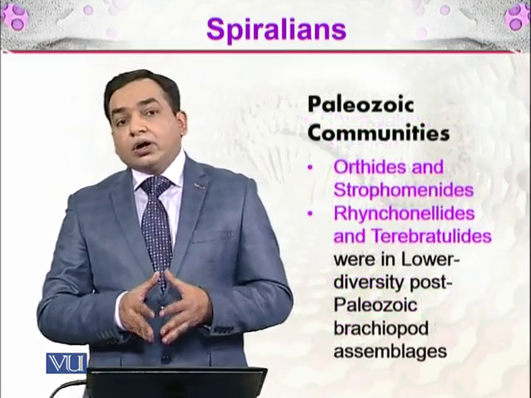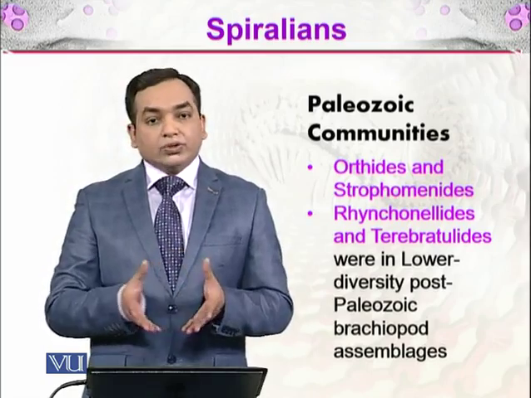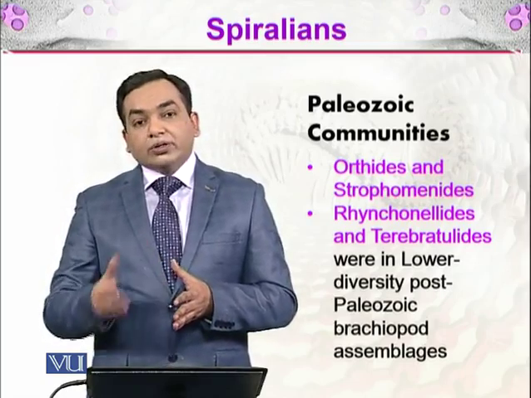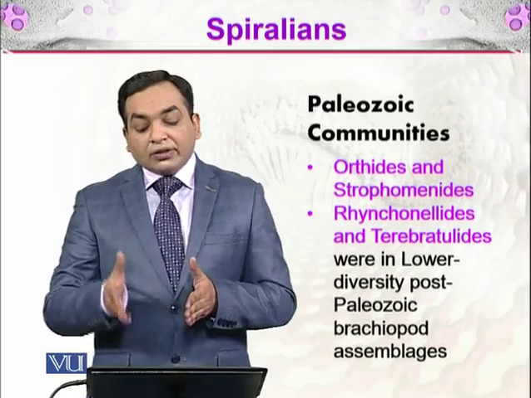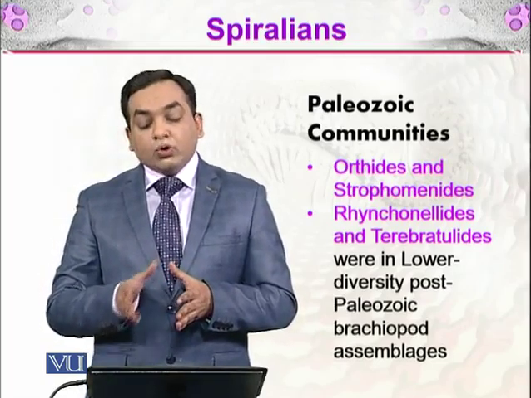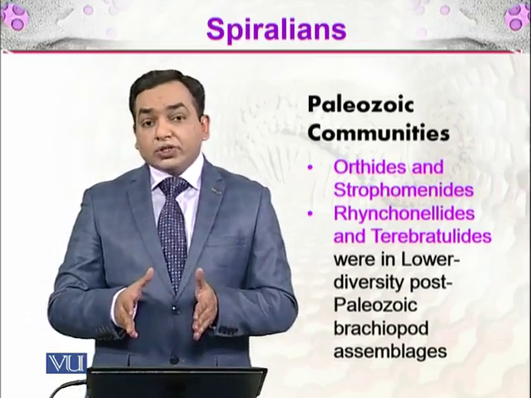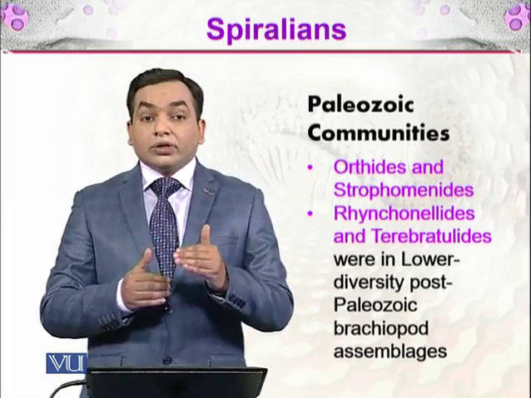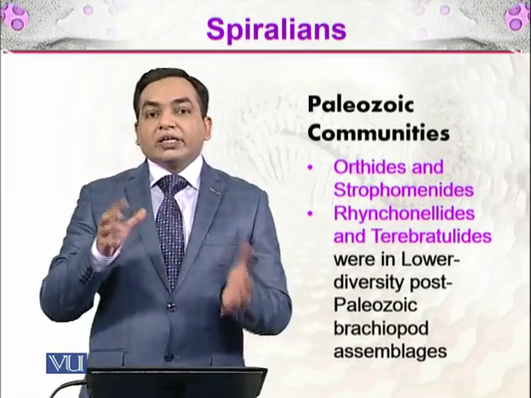These spiralians are the lophophorates. They had very diverse communities during the Paleozoic era. The orthoids and strophominids were the first to be thriving in the Paleozoic communities, and the rhynchonellids and the terebratulids were in lower diversity in post-Paleozoic brachiopod assemblages. As we have discussed about assemblages, these are the various fossils occurring at the same time.